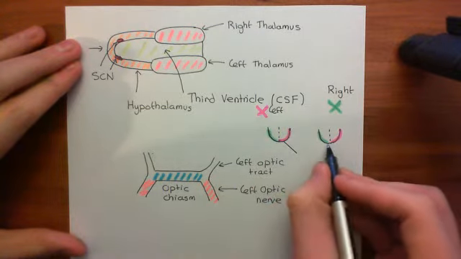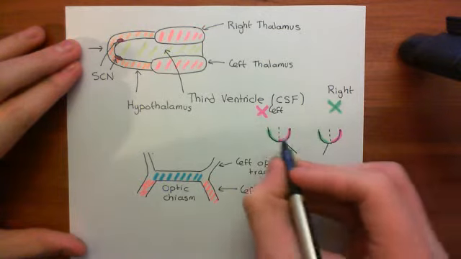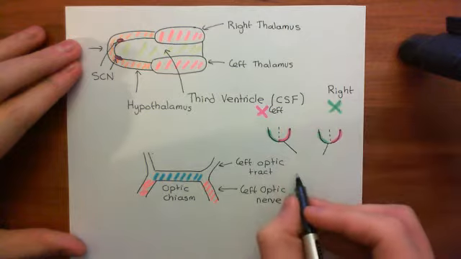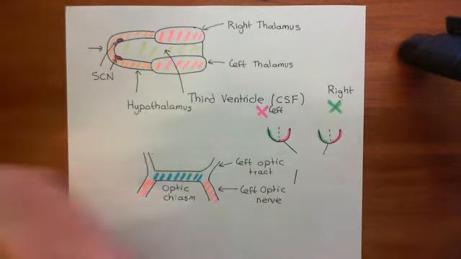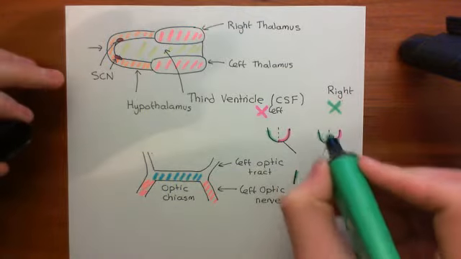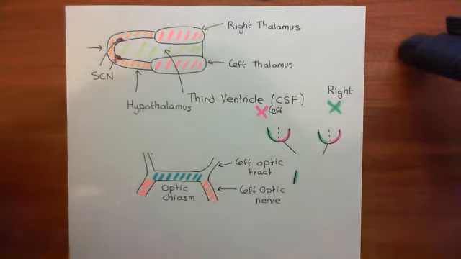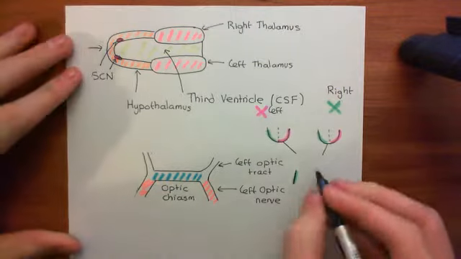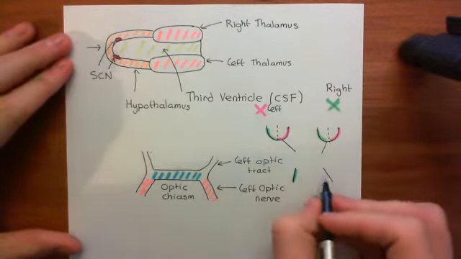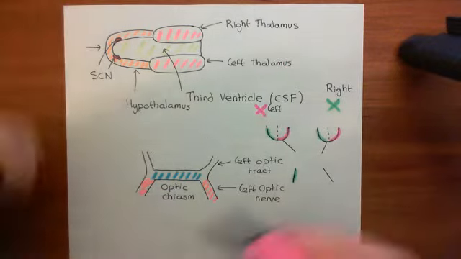The idea is to pass all of the fibers which are conveying information about the right side of the visual field onto the right optic tract over here. So this portion here will be carrying fibers from the right side of the visual field, and you then want all of the information coming from the left visual field to go down the right visual tract.